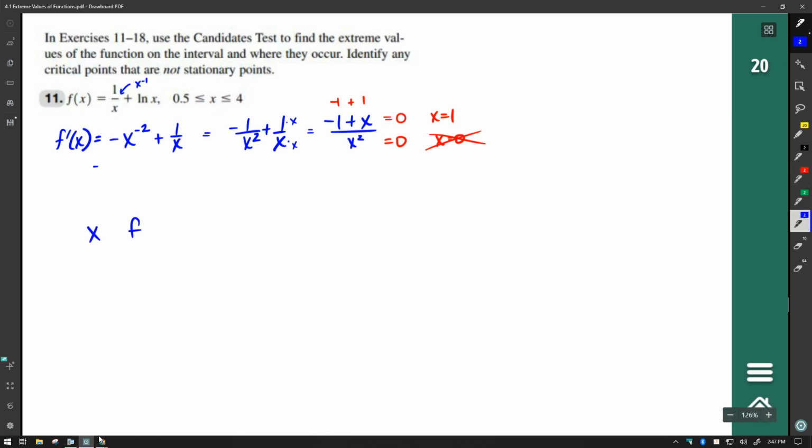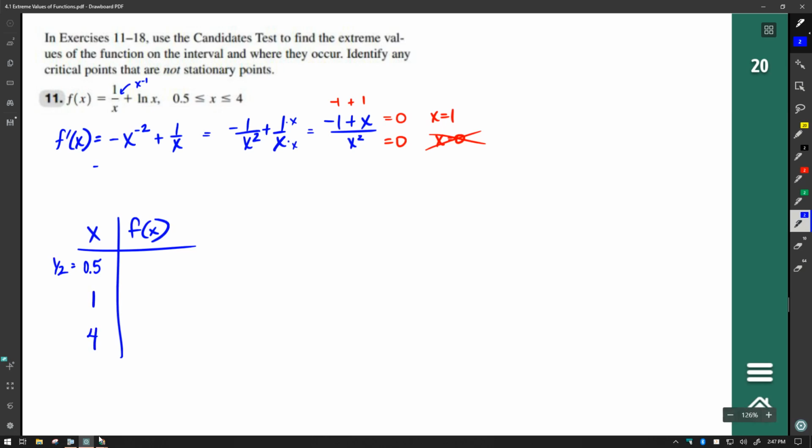We have an x, f of x table, and we're going to look at a left endpoint of 0.5 or 1/2. And then we're going to look at a critical number of 1. And then we're going to look at a right endpoint of 4.